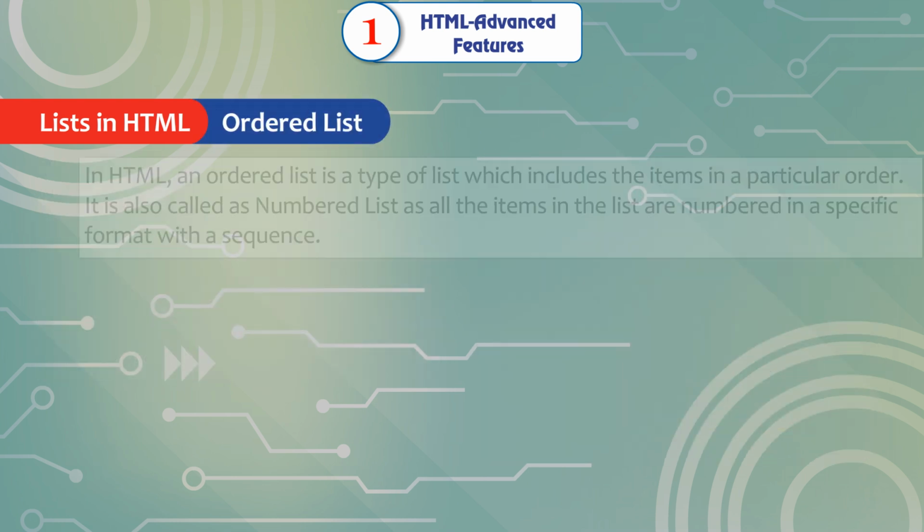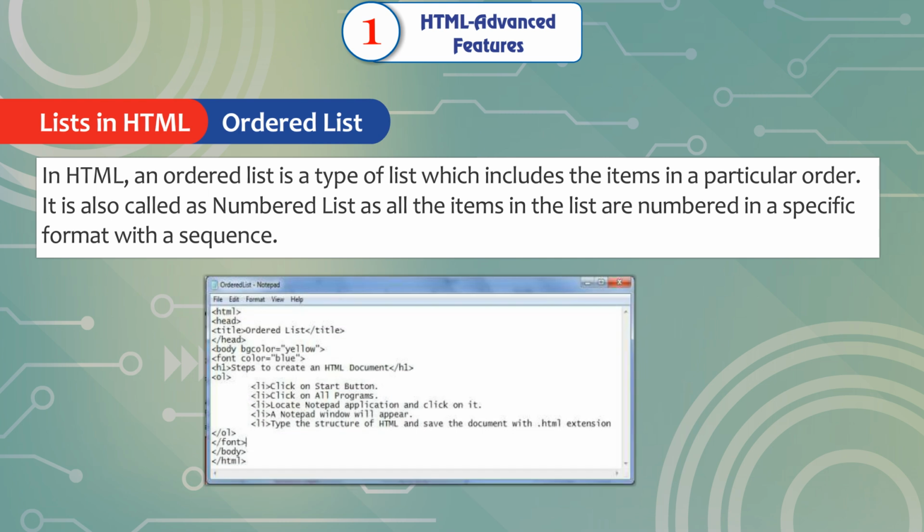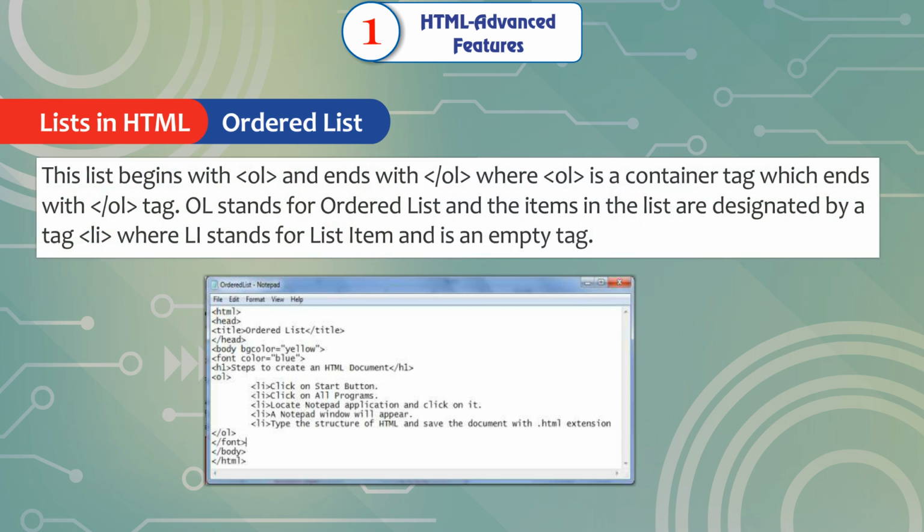Ordered list. In HTML, an ordered list is a type of list which includes the items in a particular order. It is also called a numbered list, as all the items in the list are numbered in a specific format with a sequence. This list begins with OL and ends with /OL, where OL is a container tag.